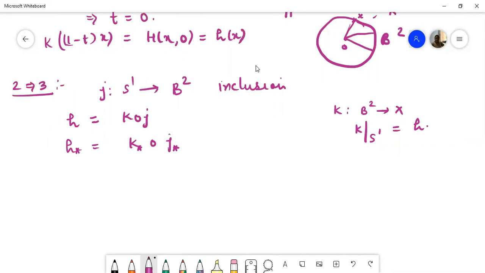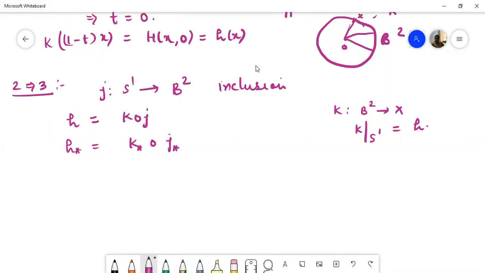And we know j star is trivial because j star is a mapping from the fundamental group of S1 to the fundamental group of B2, and we know the fundamental group of B2 is just 0. It contains only one element, namely the identity element. So if the range space contains only one element, that means this mapping is just a trivial, constant mapping. So j star is a constant map.